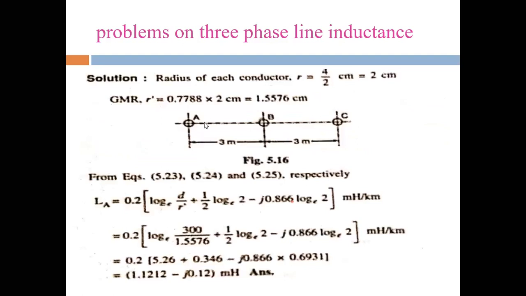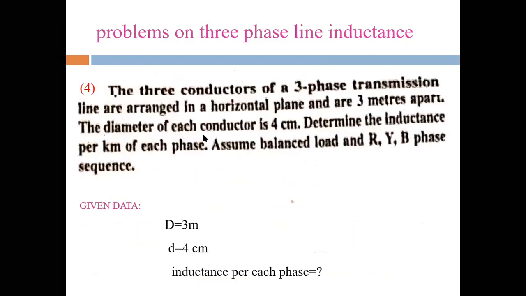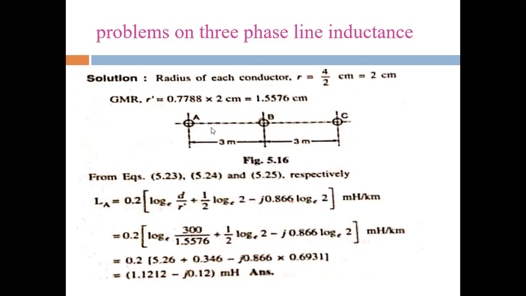This is the horizontal plane. In the horizontal plane, the conductors are placed in the same plane at a distance of 3 meters apart. That's why we represent A to B as 3 meters and B to C as 3 meters.